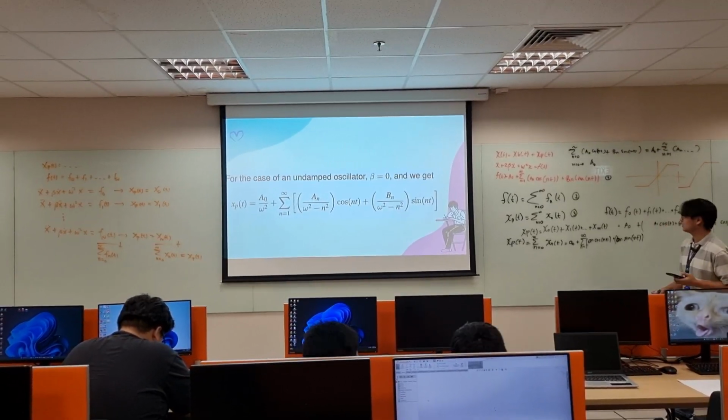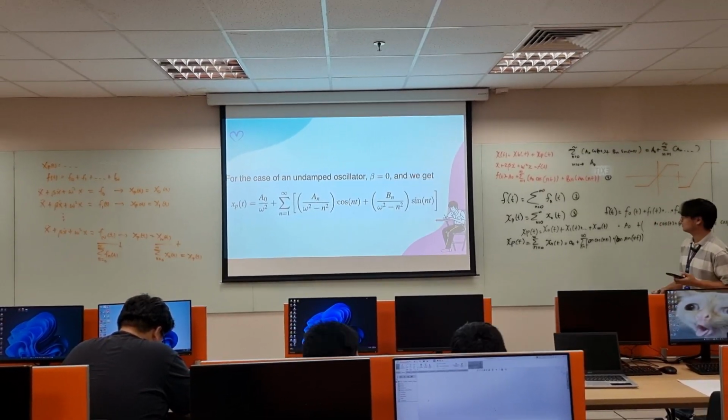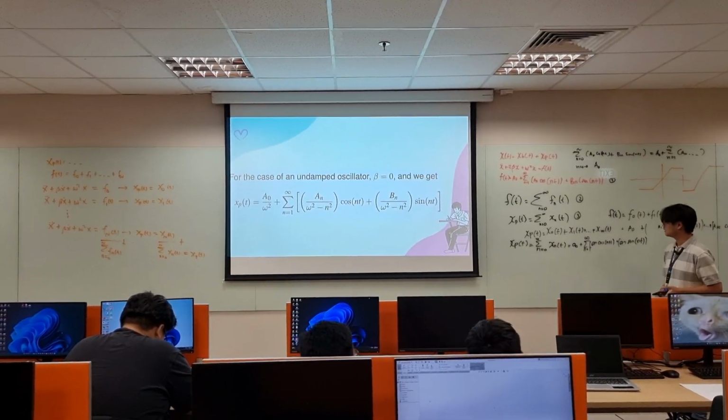So if we assume b0 is equal to 0, since cos 0 is equal to 1, by the linear and superposition principle, we can recover the particular solution x_p as the sum of x_n. So x_p(t) is equal to the sum from n equals 0 to infinity of x_n(t).